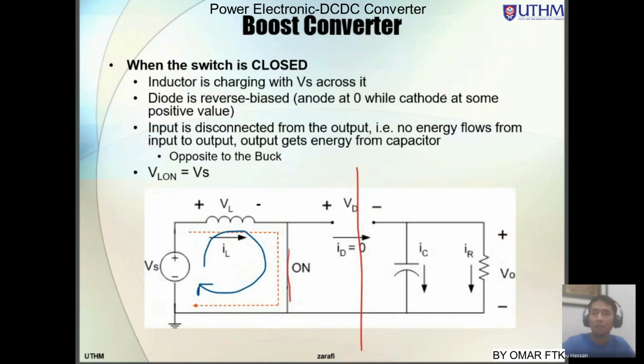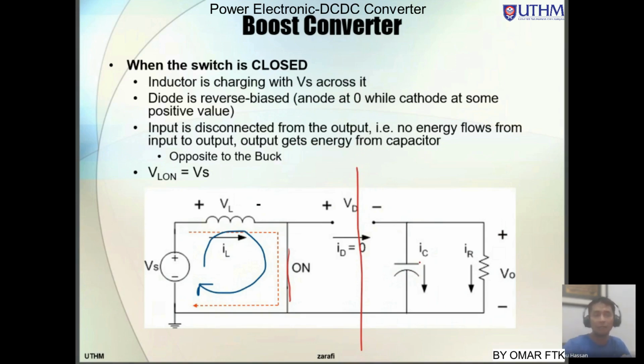There is no energy flow from the input to the output. The output only gets its energy from the capacitor, after the first cycle.